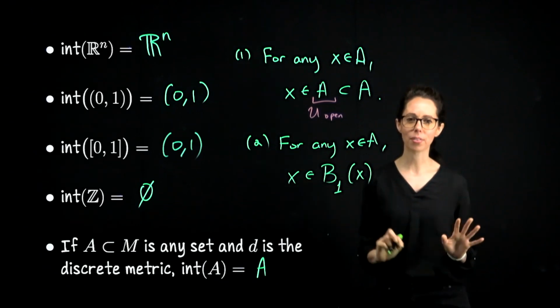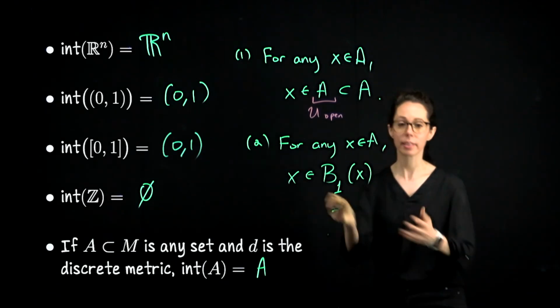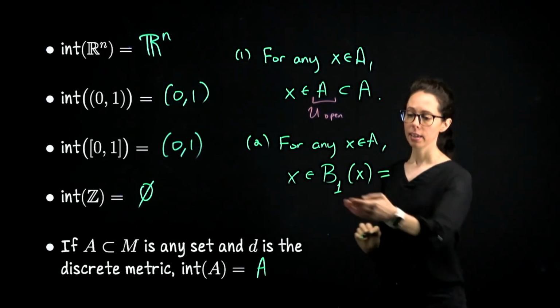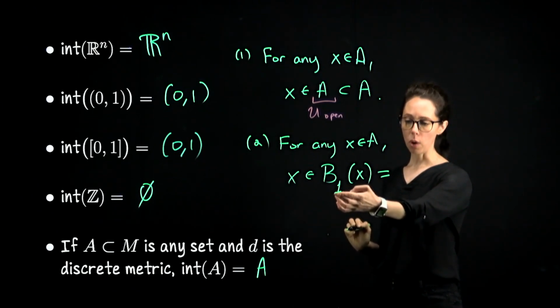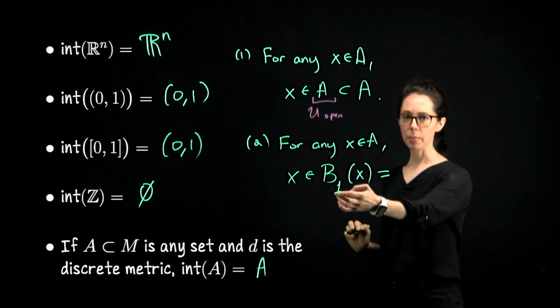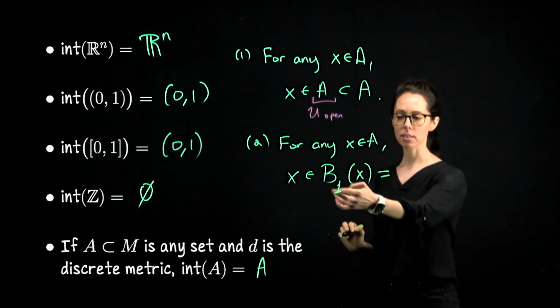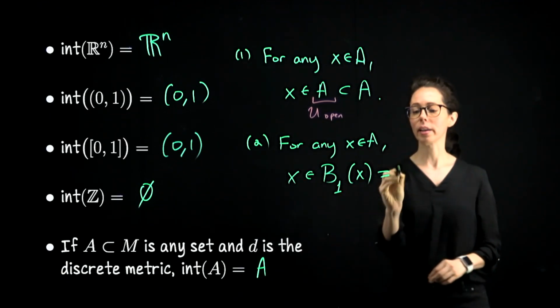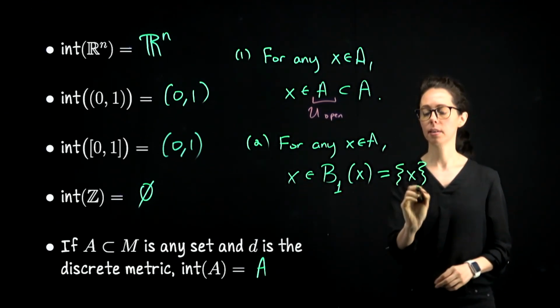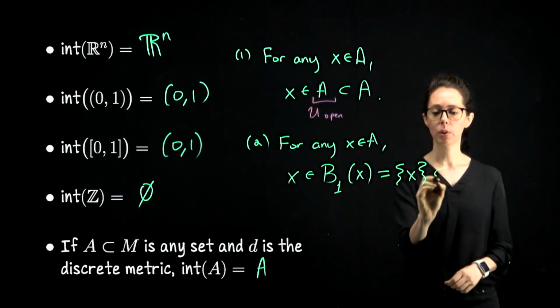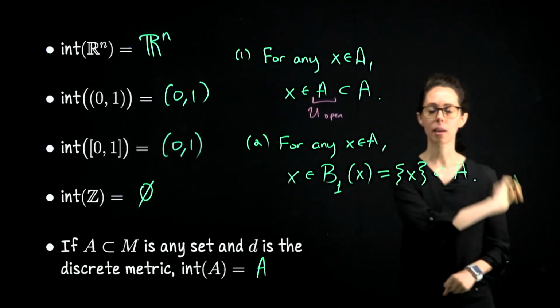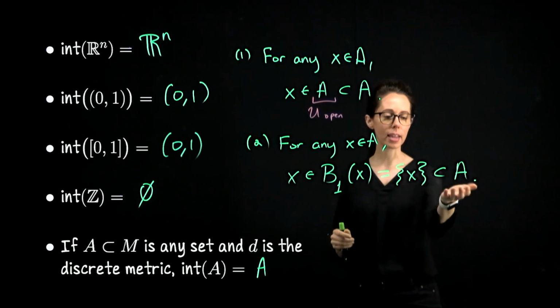You can make that 1/2 if that feels a little bit more sure. This is correct though, because this epsilon neighborhood of radius 1 consists of all of the elements from the discrete metric space whose distance to x is less than 1. There is only one such element, x, which is a member of A. So this single element set is a subset of A.